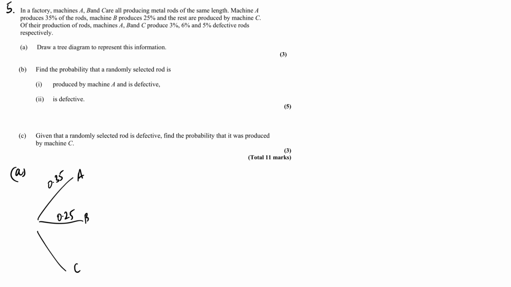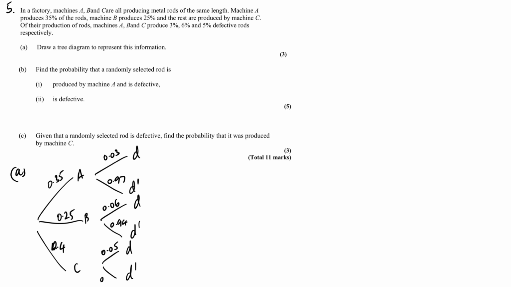And C produces the rest, which will be 40%, so 0.4. Now it tells us that of the production of rods, machines A, B and C produce 3, 6 and 5% defective rods. So this is going to be defective and not defective. And there you go, just sped up a bit there, and here's our tree.